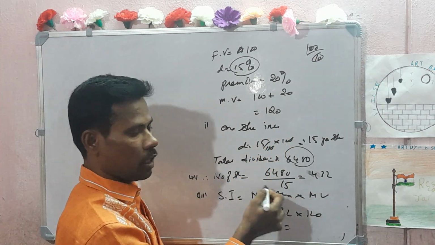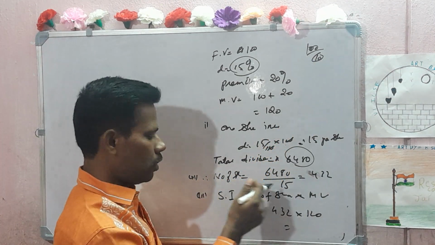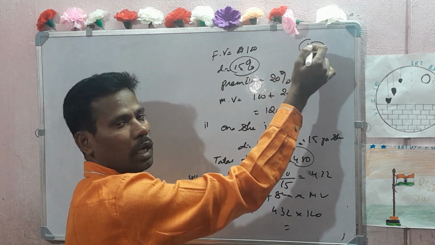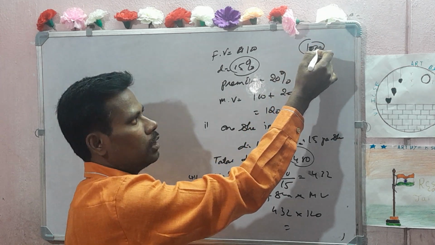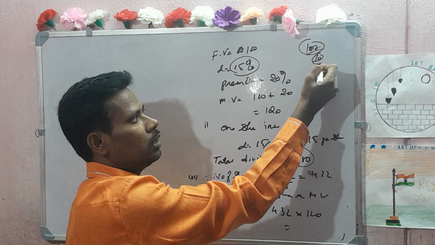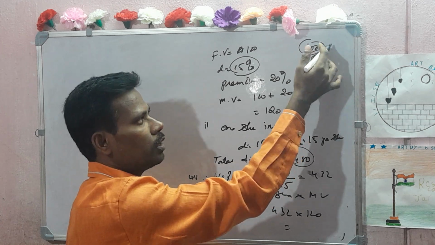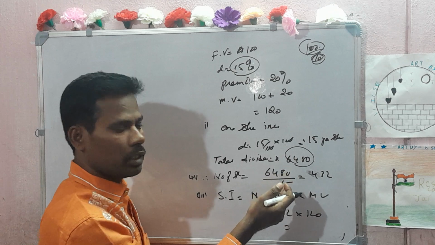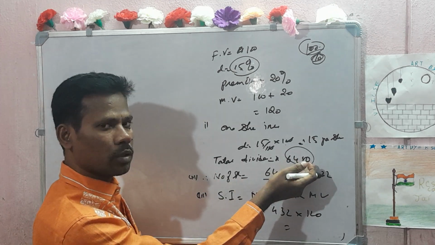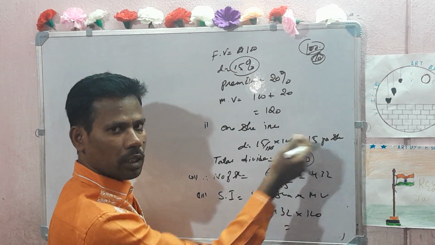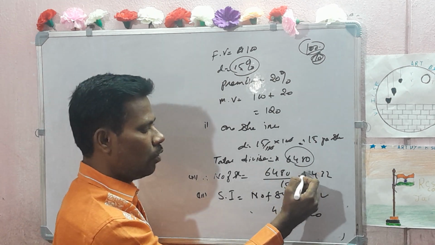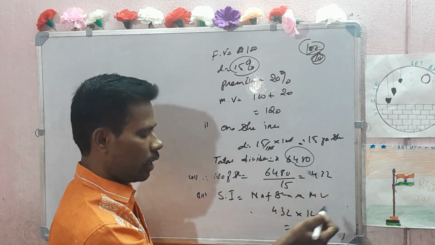Similarly, total dividend is 6480, per share I get 15 rupees. How many shares should I buy? 432 shares I should buy.